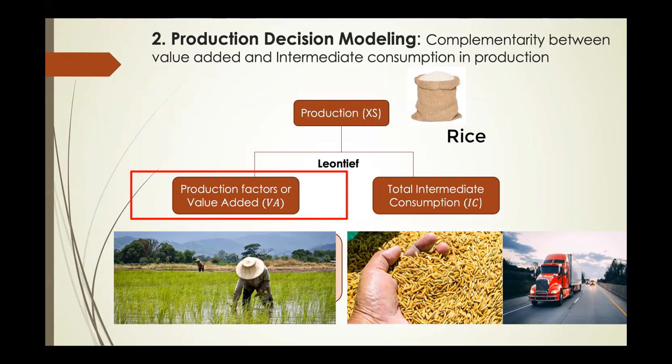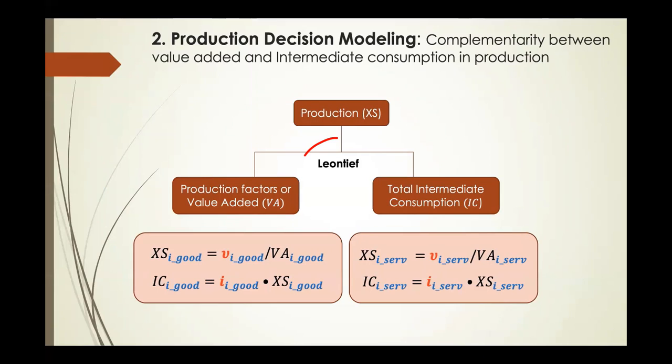Then when you double the quantity of rice production, then you double the volume of inputs used and you double the volume of factor used. Therefore, it is assumed here that inputs and factors are combined in the fixed proportionality. The fixed proportionality also is referred to as a Leontief functional form.